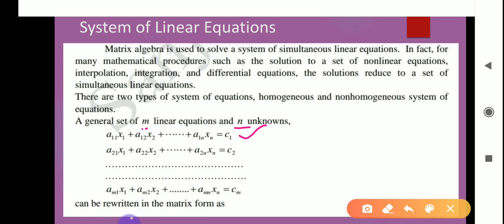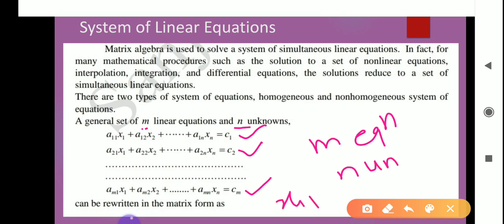Then the second equation is a21 x1 plus a22 x2 plus so on plus a2n xn is equal to c2, up to am1 x1 plus am2 x2 plus so on plus amn xn is equal to cm. So these are m equations in n unknowns. What are the unknowns here? The unknowns are x1, x2, up to xn. These are the number of unknowns.